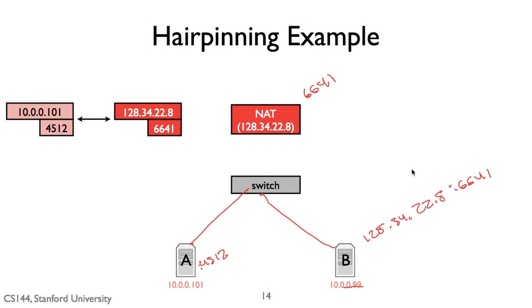It's going to translate this to 10.0.0.101 port 4512. One question you can ask is, well, it's going to translate the destination IP address and port. What should it do to the source IP address and port? Should it translate that as well? That is, should this packet arrive at A seemingly coming from 128.34.22.8? Or should this packet arrive at A coming from 10.0.0.99?